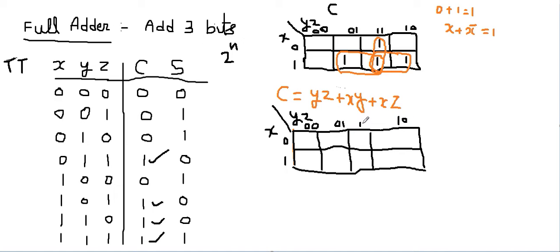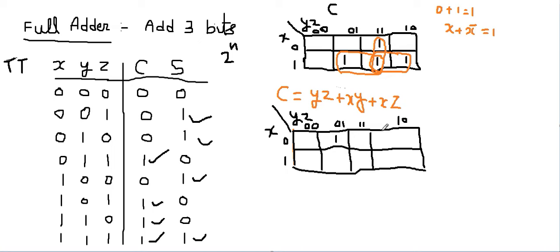So now again look for these ones only, this one and this one. We can see here that when x is 0, y is 0 and z is 1, so we will place 1. So in that case 0 0 1 will be 1 here, and for this we have x 0, y 1 and z 0.